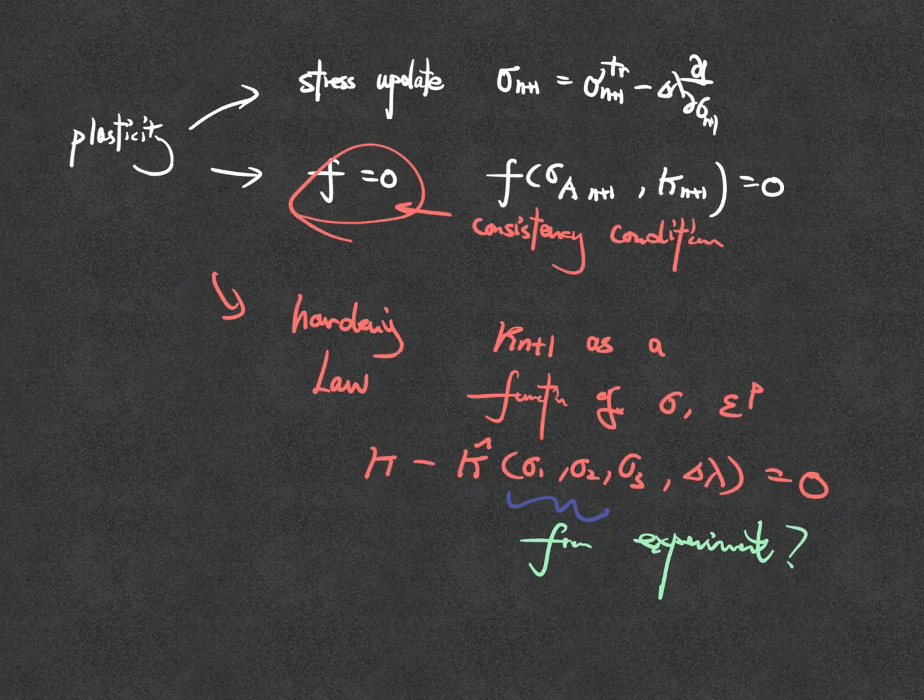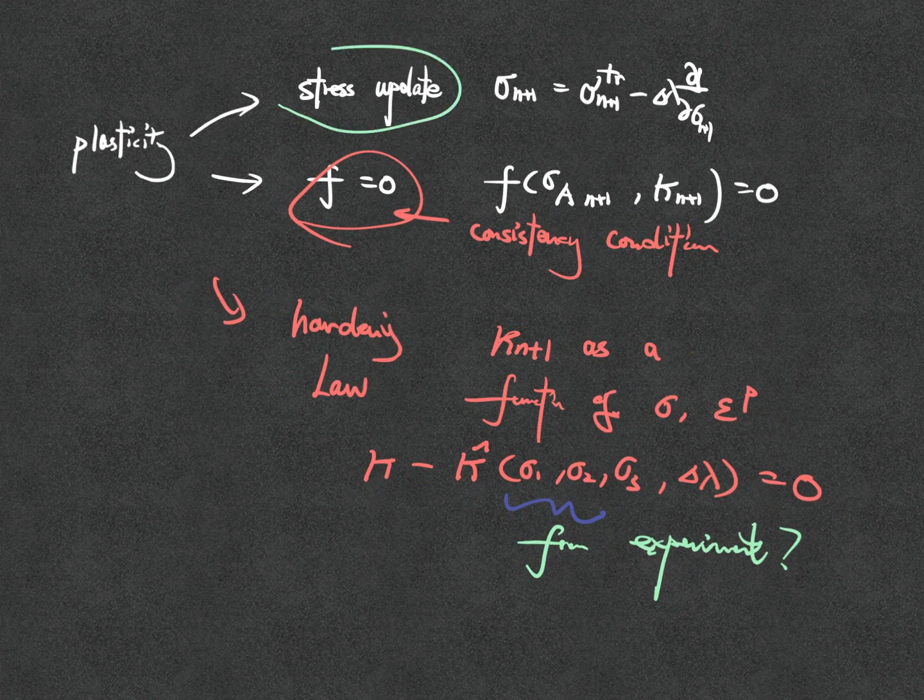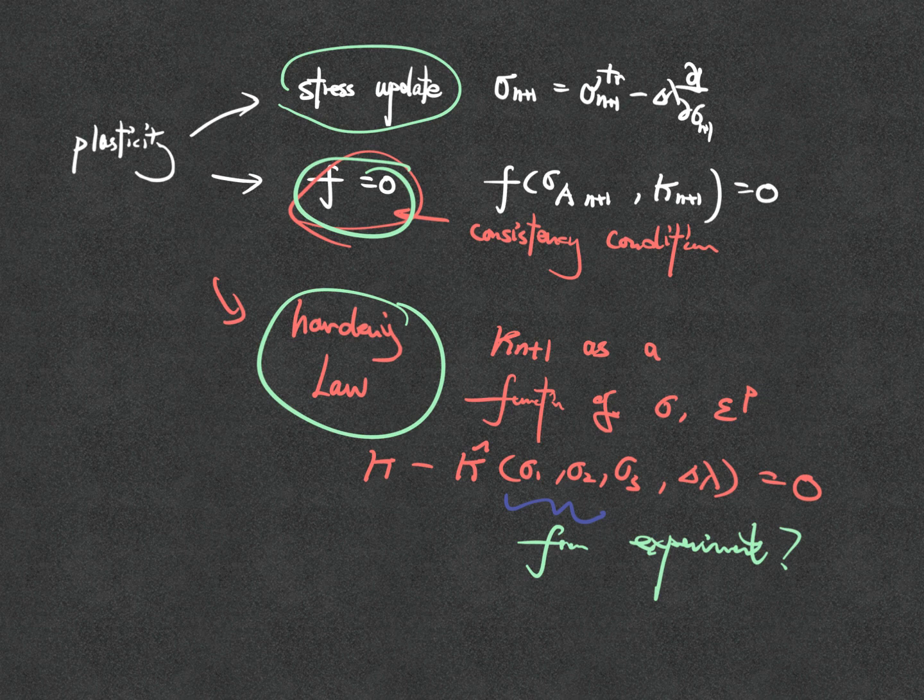Now, if I have these three types of ingredients and the material is isotropic, let's say this hardening law is just a scalar hardening law. In general, the hardening law can be as simple as a scalar function like J2 plasticity isotropic hardening, or something that has even higher dimension than the stress. Does that make sense?